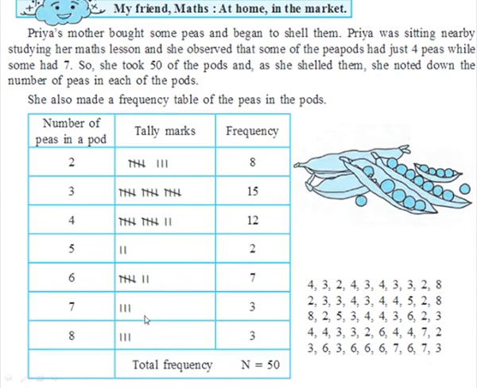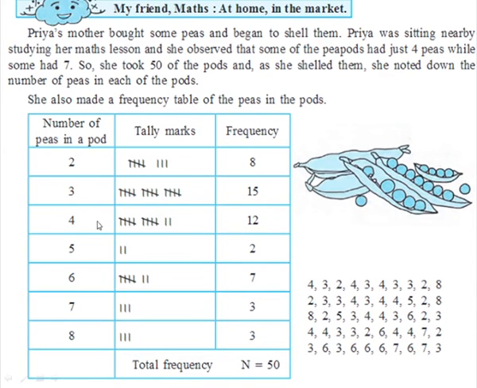So after making the tally marks, now start counting the tally marks. That is, you will get the frequency of each score. Here for 2, the frequency is 8. That is, in 8 pods, you will get 2 peas. Then here for 3, the frequency is 15. That is, in 15 pods, she got 3 peas in a pod.